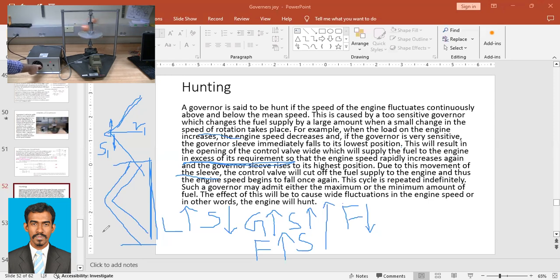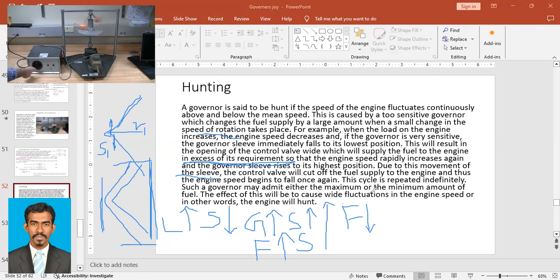It doesn't find any equilibrium state in between. The control valve will cut off the fuel supply to the engine, and thus the engine speed begins to fall once again. So when the sleeve falls down, it will cut off the fuel supply. This cycle is repeated indefinitely.